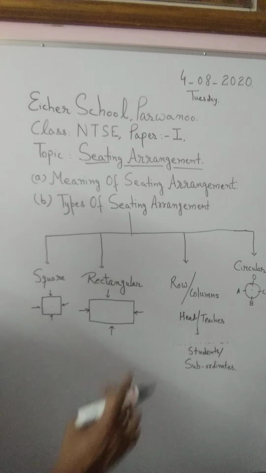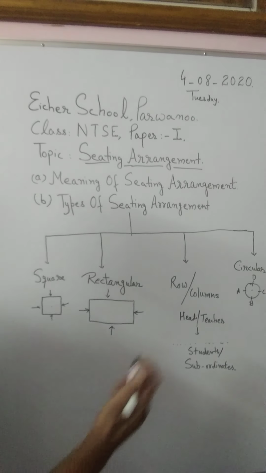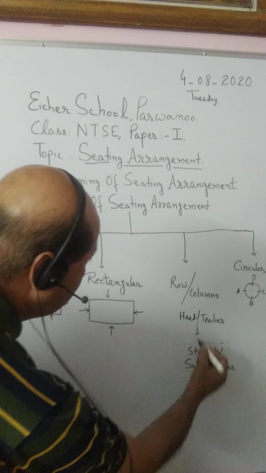All the students are made to sit in a line or in an order. That order may be left to right or right to left according to their seniority, or according to roll number, or according to their roster system. So this type of arrangement is under row and columns.